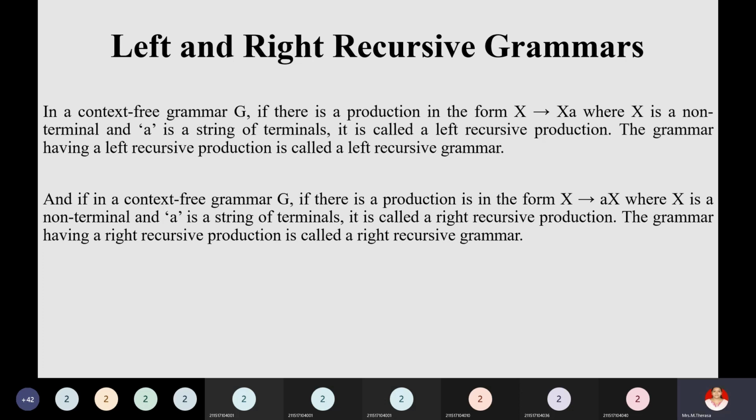The grammar having a left recursive production is called left recursive grammar. And if in a context-free grammar G there is a production of the form X tends to aX, where X is a non-terminal and a is a string of terminals, it is called right recursive production. The grammar having a right recursive production is called right recursive grammar.